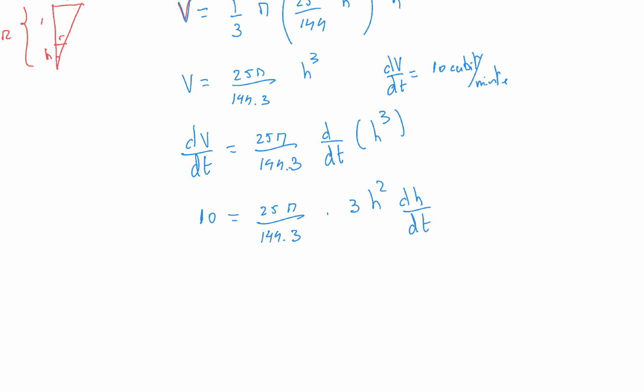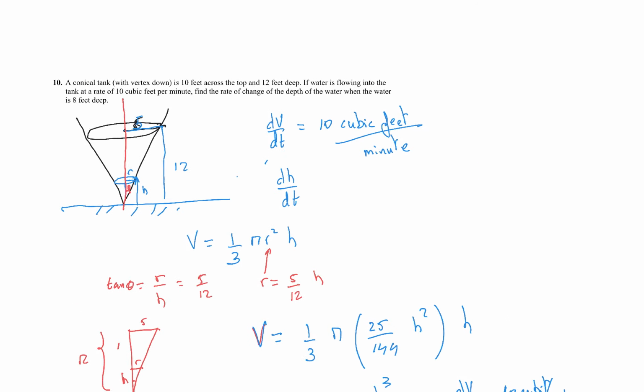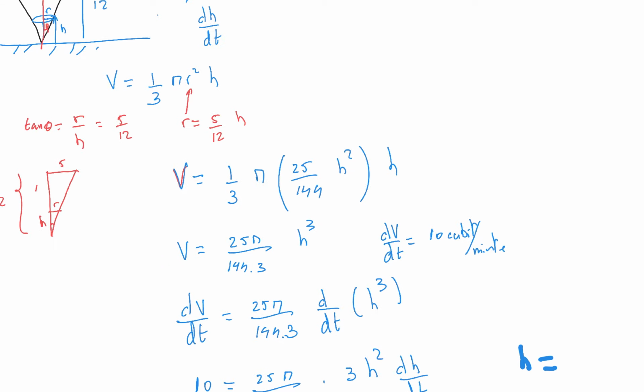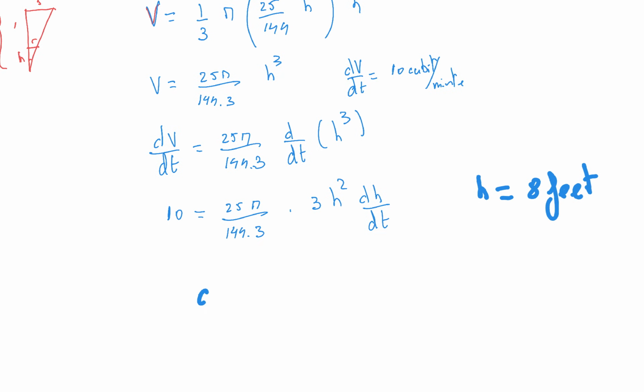And now I'm done. When is h what? When h is 8 feet, at the instant that h is 8 feet, the derivative of h with respect to t is 10 multiplied by, this 3 will cancel with this 3, okay?